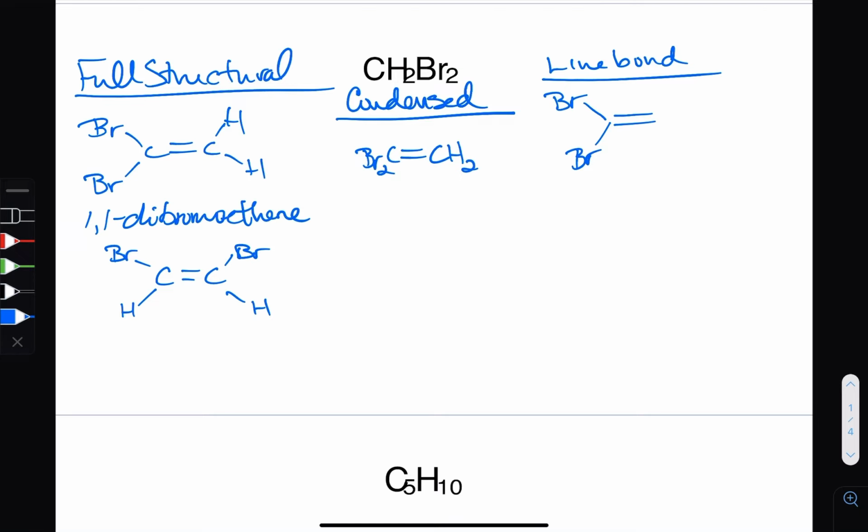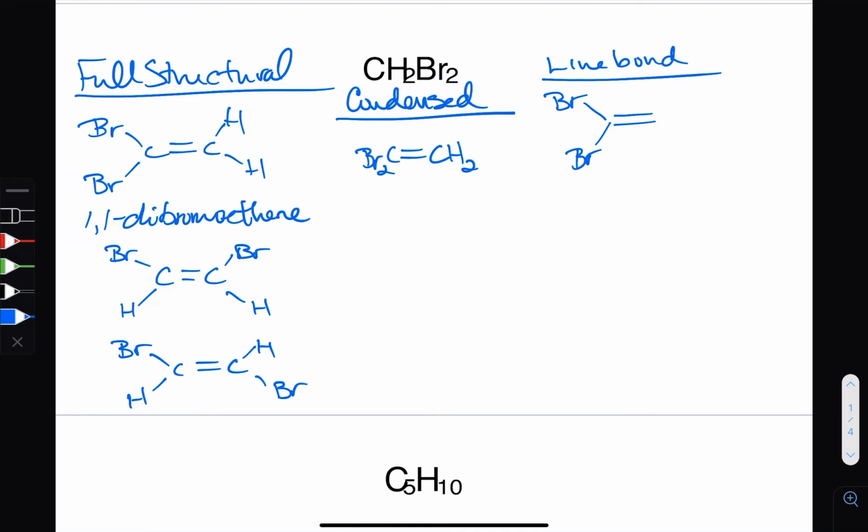Now, maybe some of you said, well, wait a minute, I wanted to draw one of my bromines up and one of my bromines down. So what's the difference there? And can you do that? Yes, you absolutely can. We could have drawn it like that also, and that's a totally valid structure.